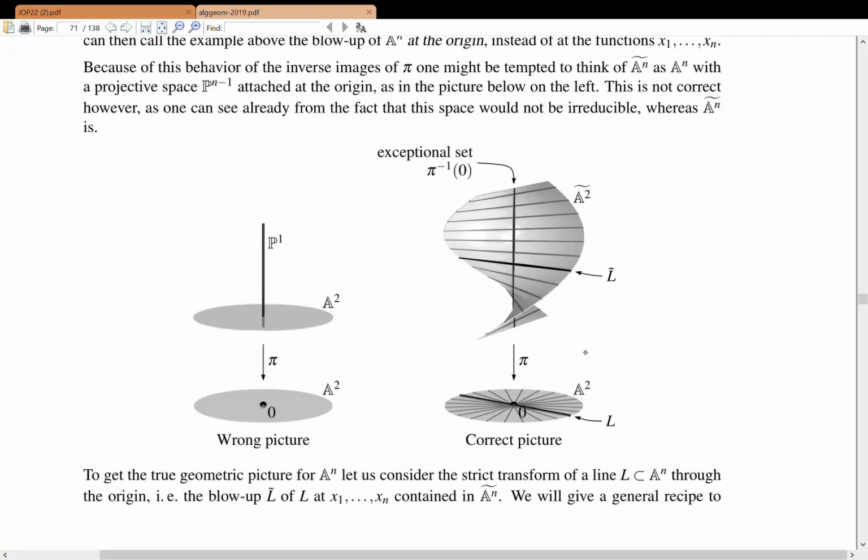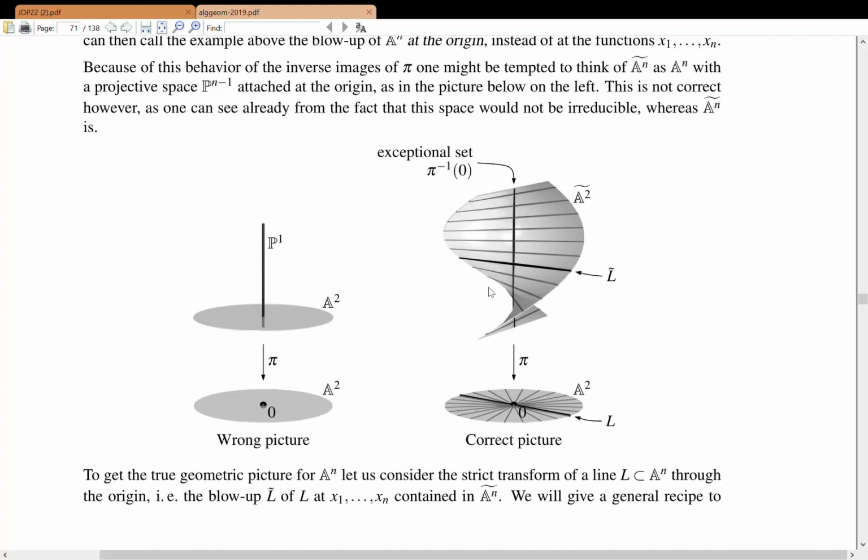Every line down here, so this line right here, goes up to this line right here, and it intersects the fiber in a single point, and that's the point corresponding to that line. Similarly, every line here intersects the fiber in the point corresponding to the line. So all the lines that intersect here have become separated in the blow-up.